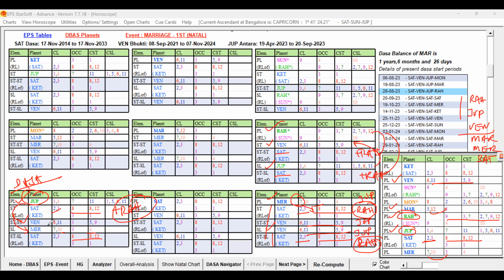The star lord of the star lord is also indirectly supported by Jupiter, because Jupiter is there in the supports, and the sublord is Mercury. The star lord of the sublord is again Rahu. So the star lord and sublord are getting the influence of the favorable key planet through the ruler link.